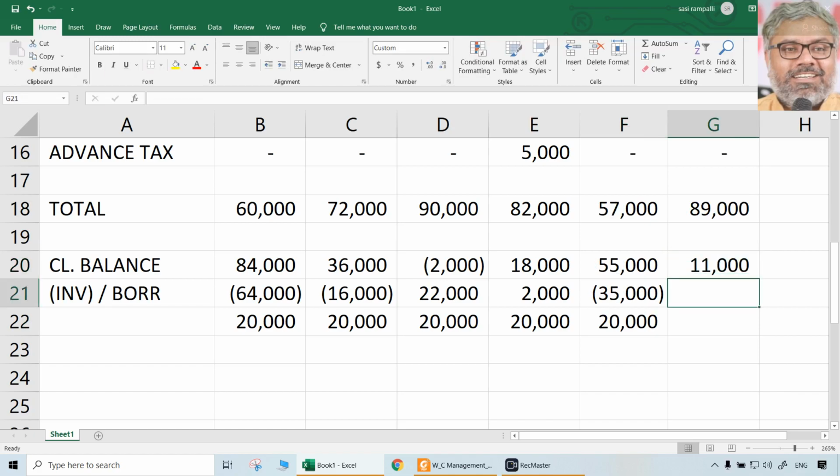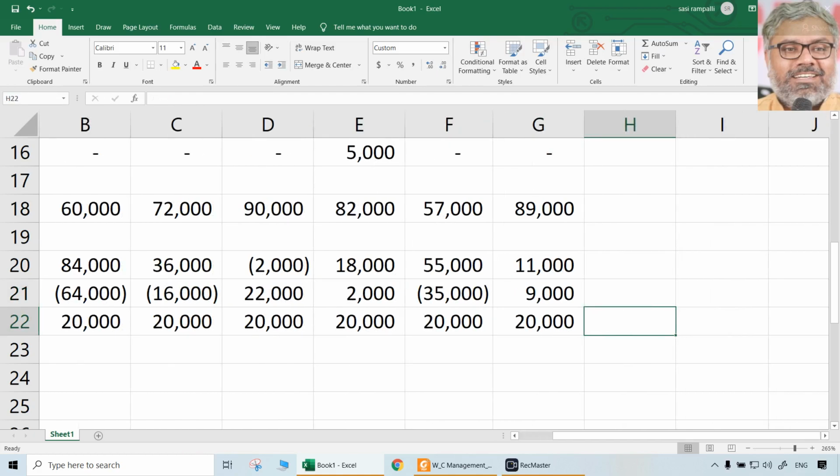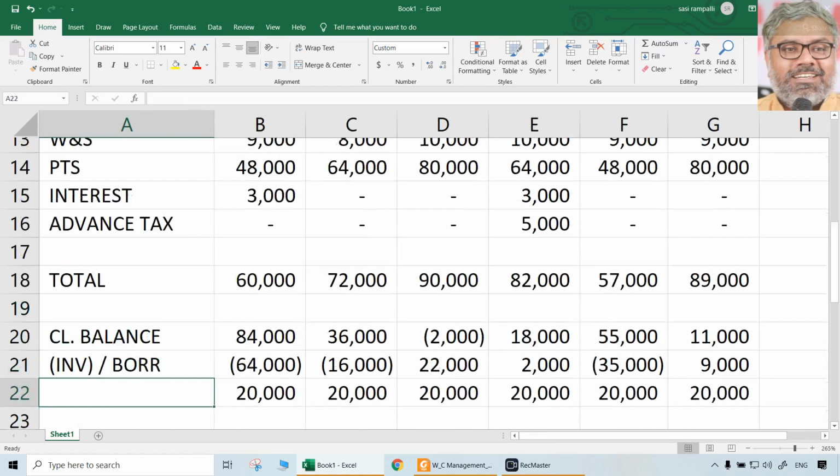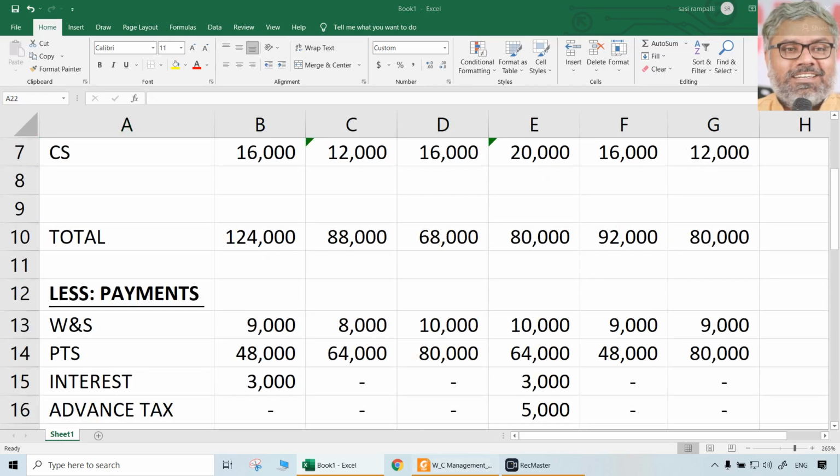And in September 11,000 is the closing balance, which means you have to borrow 9,000, so that the closing balance once again is 20,000. So that is the cash budget for the 6 months period.